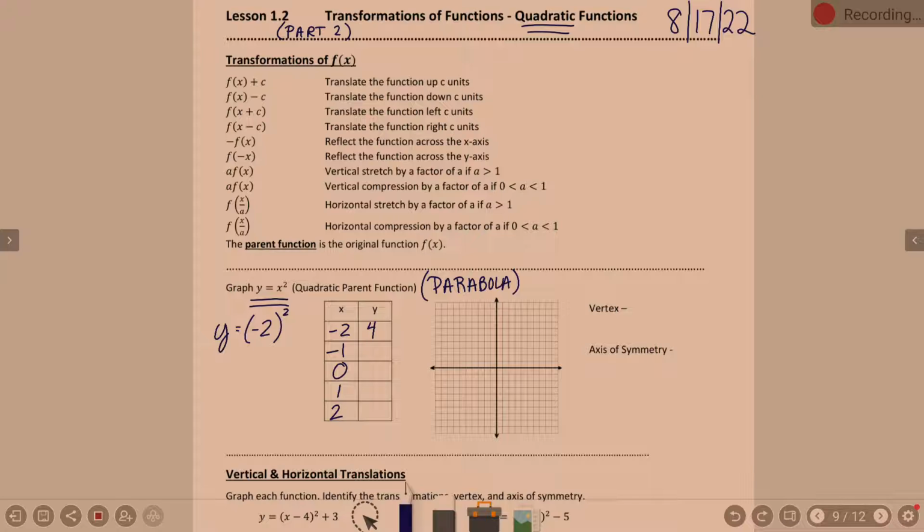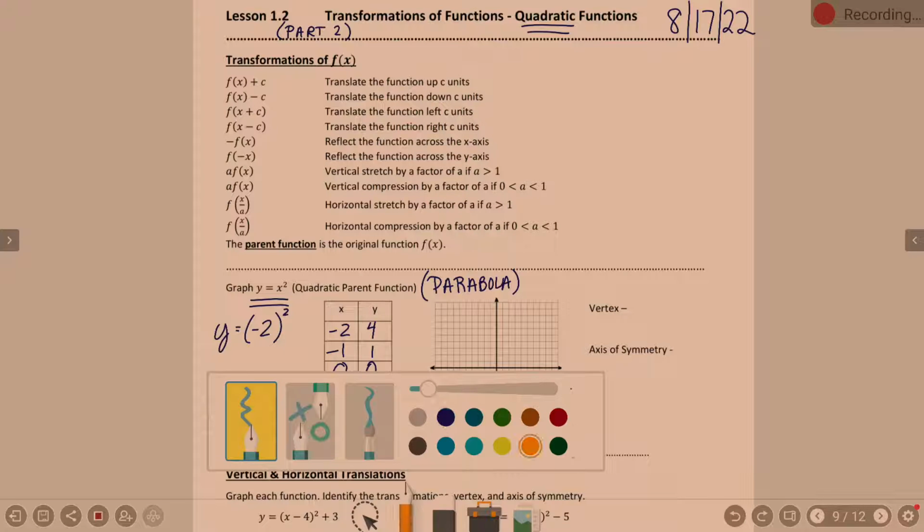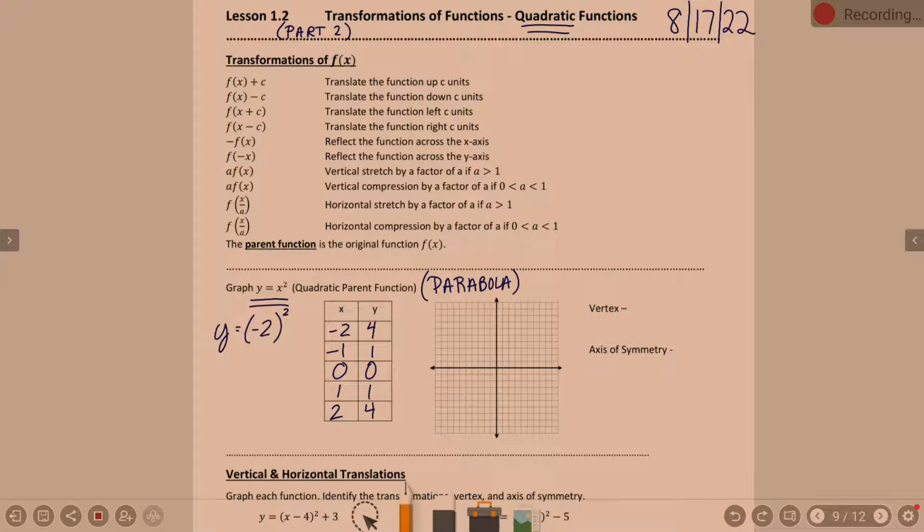What is -1 squared? -1 times -1 is 1. 0 squared is 0. 1 squared is 1. 2 squared is 4. Now, one way I teach this is that you really just need to know this section down here, which is what I always try to have students memorize: 0, 0, 1, 1, 2, 4.